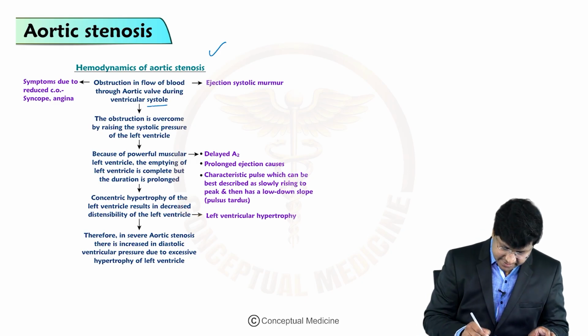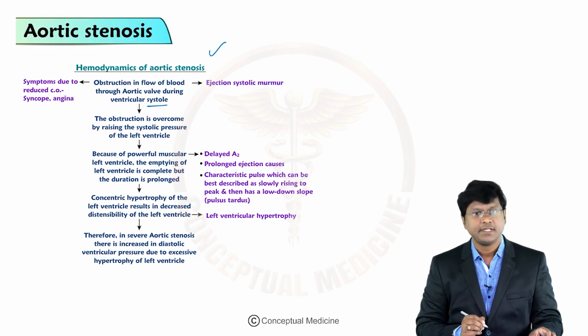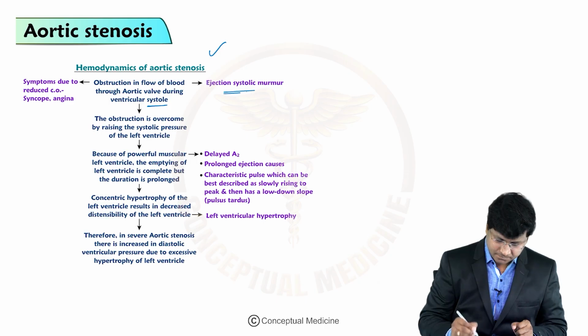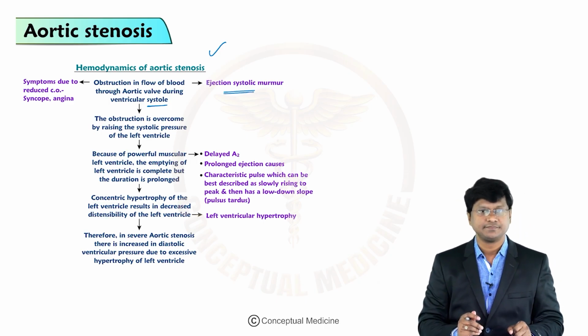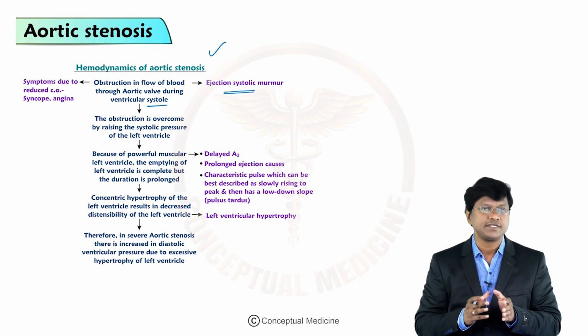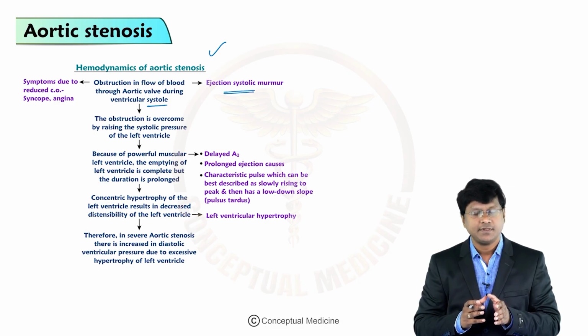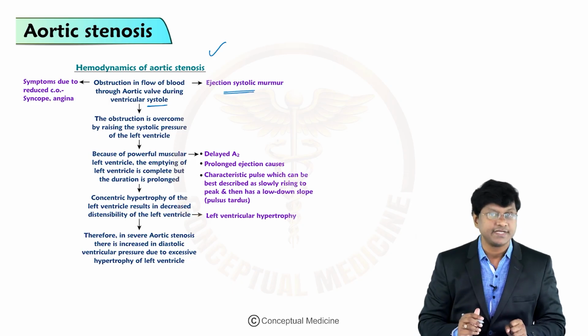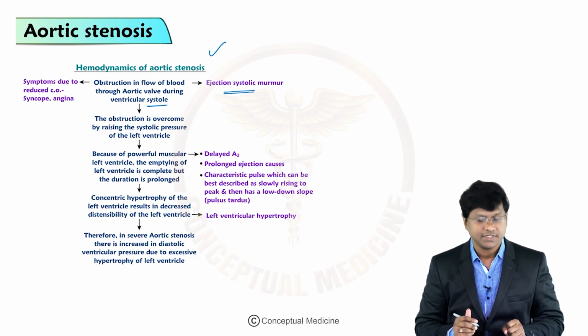So whenever the ventricle is undergoing systole, there will be obstruction in the flow of blood, and because of that there will be an ejection systolic murmur, right? Because the left ventricle is trying to push the blood into the aorta, but there is an obstruction at the level of the aortic valve, and that will give rise to an ejection systolic murmur.